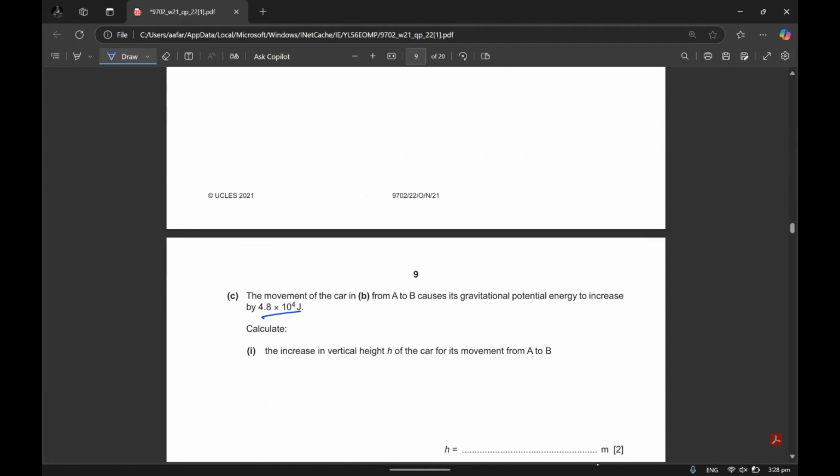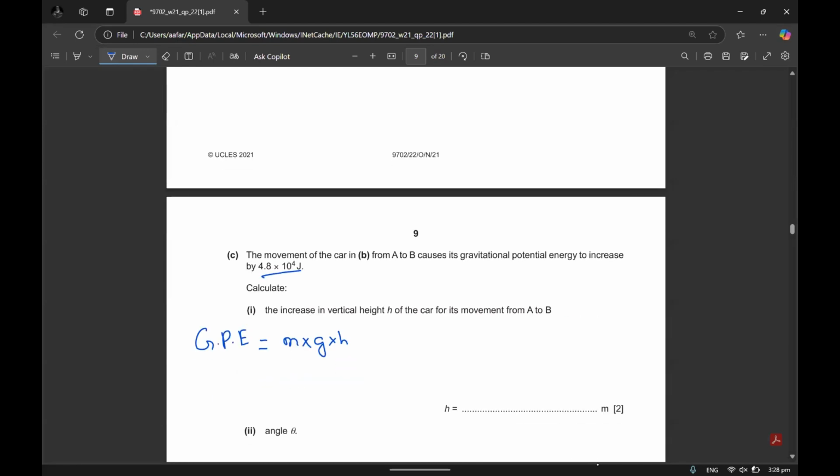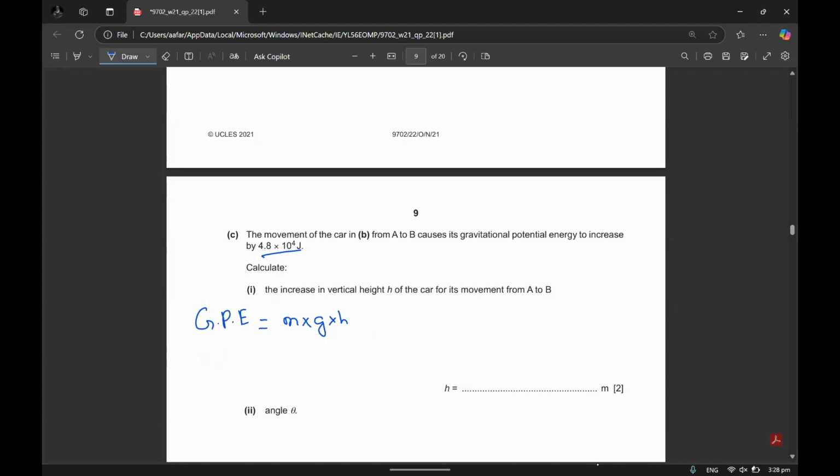So we know that increase in gravitational potential energy is equal to mass into gravity into height. This is the weight into height, same concept as work done equals force into distance. So if this is 4.8 into 10 power 4 joules, mass is 1700, 9.81, h. From here the h we get is 2.9 meter.